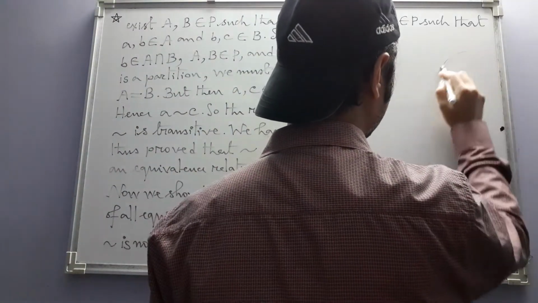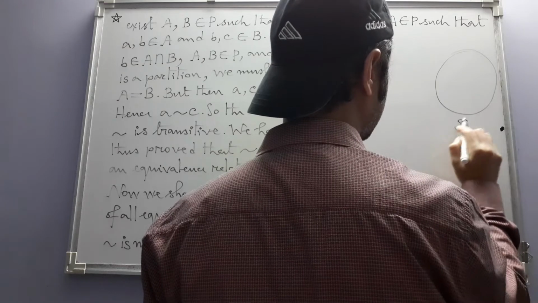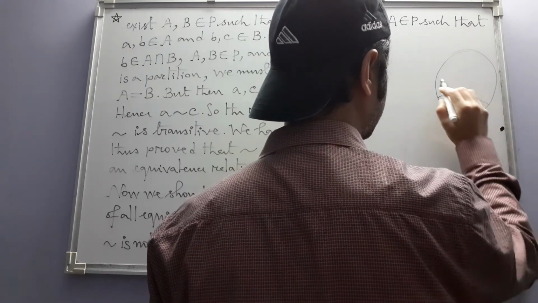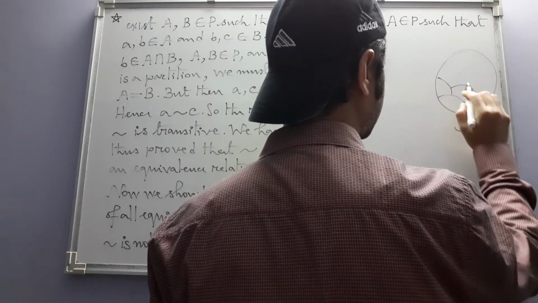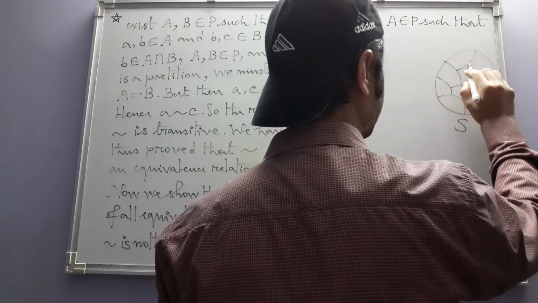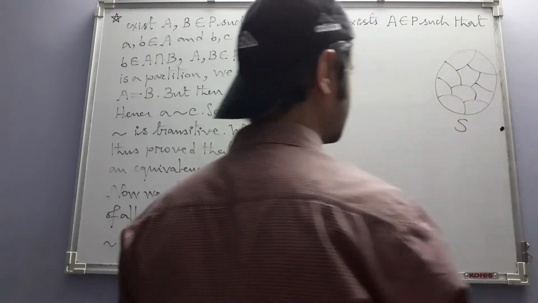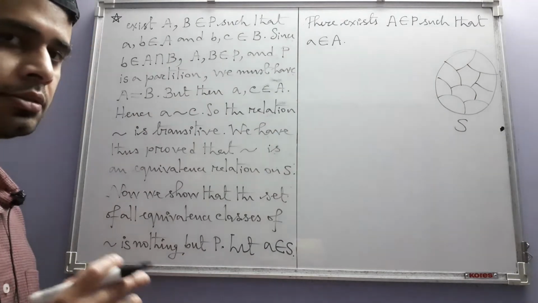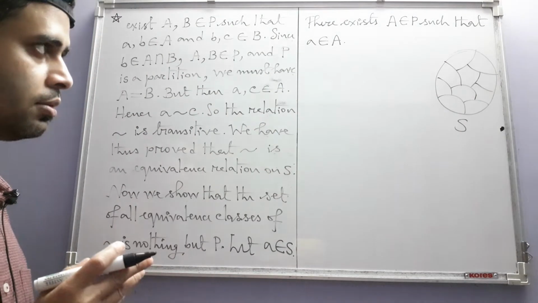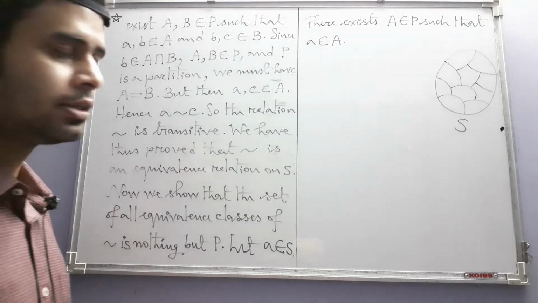It's like this. Now, this is our S, and here we have the sets in the partition. The sets are mutually disjoint. There is no non-empty intersection between two distinct sets.